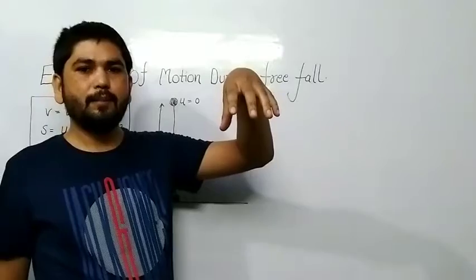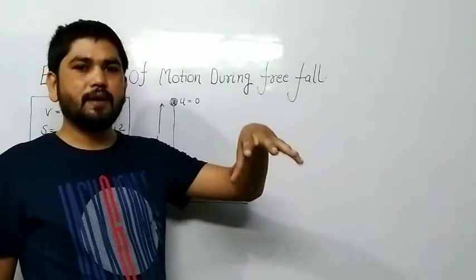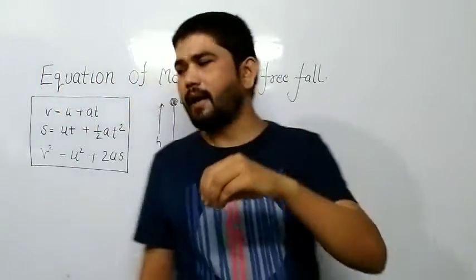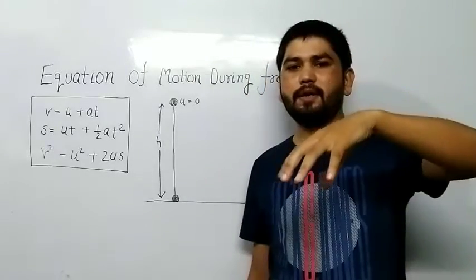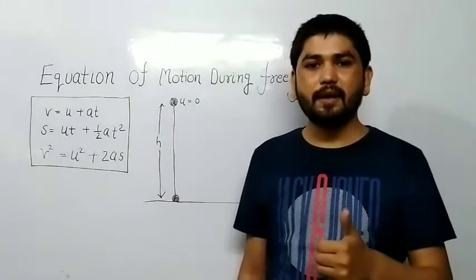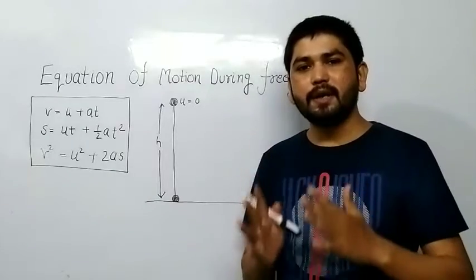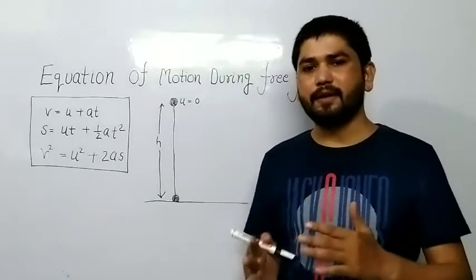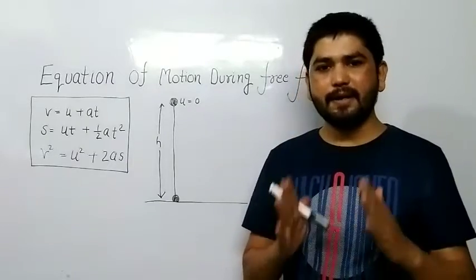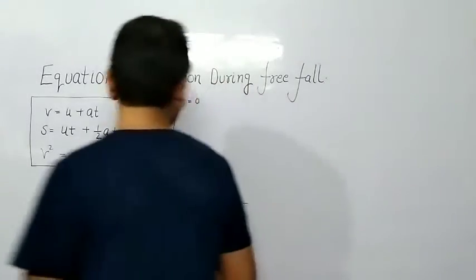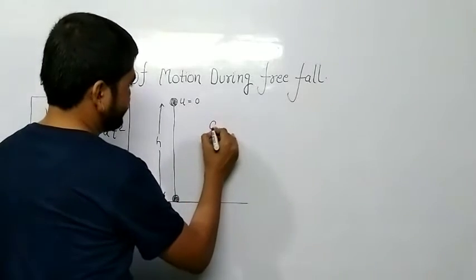When you drop a ball, or leave a stone or ball from your hand, it will start falling downward. That is a kind of accelerated motion. Why? Because acceleration due to gravity is working there, and we know that acceleration due to gravity is always represented by small g. So a will be changed to small g.